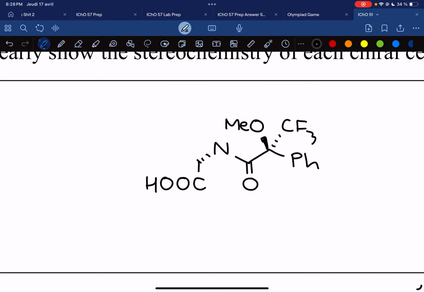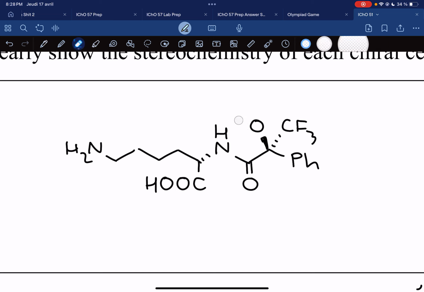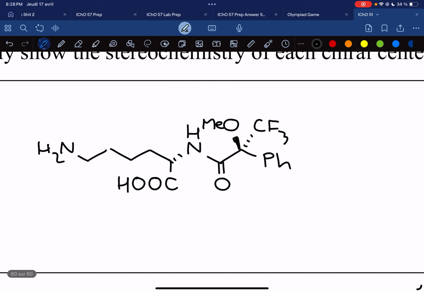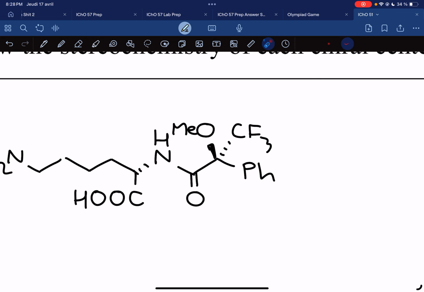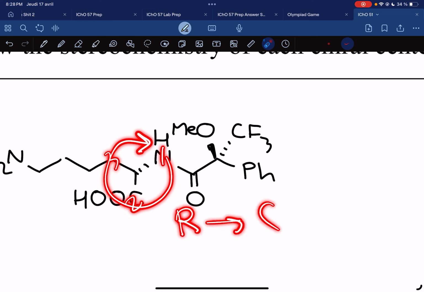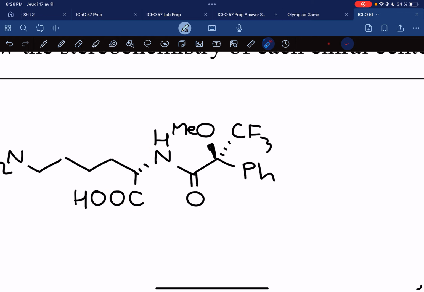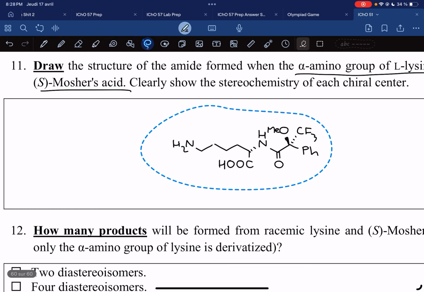COOH, 1 2 3 4 5, 1 2. Okay, so that's how it looks when you have the L-lysine with the Mosher's acid. Actually, let me just check the stereochemistry. R, proton in front, that's S. Yeah, that matches. Okay, so that's the structure of what they're asking.